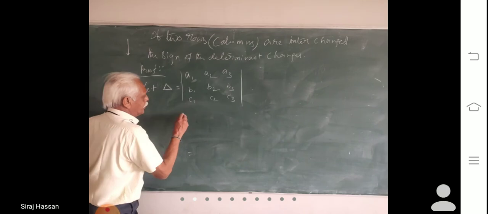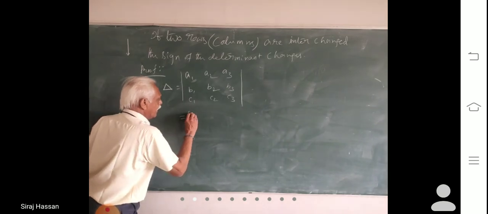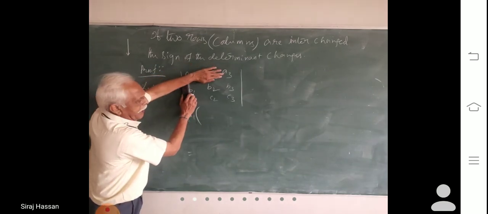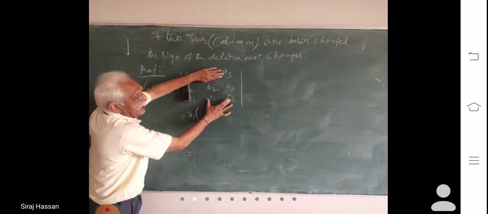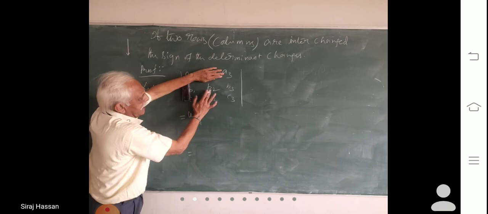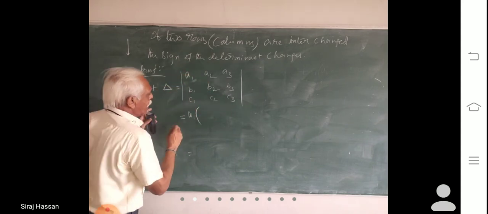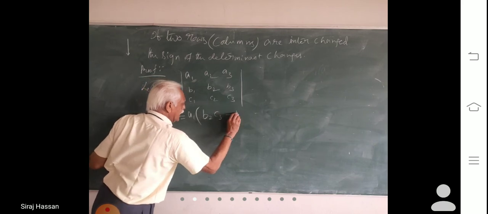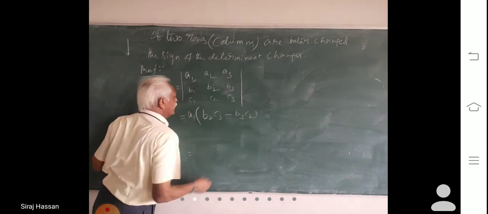Now, as usual, expanding, you are getting A1 into, eliminating this row and column, you are left with this determinant, which is B2 C3 minus B3 C2.